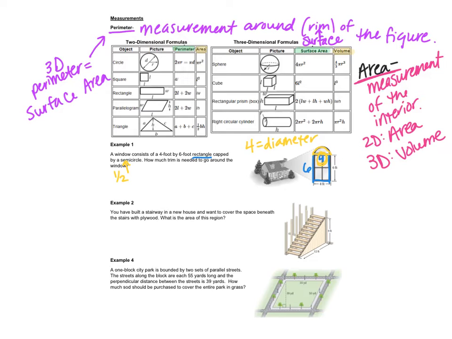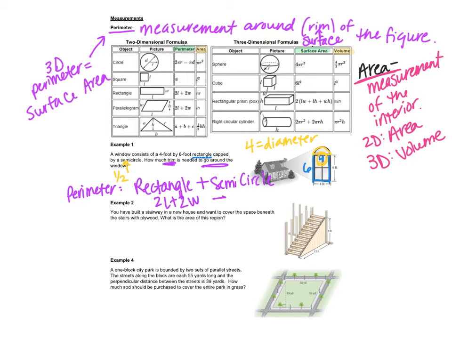When we want to look at the trim or being able to go around something, we're looking at the perimeter. So we want to find the perimeter of the rectangle, and I'm going to add it to the semicircle. The rectangle is going to be 2 length plus 2 width.